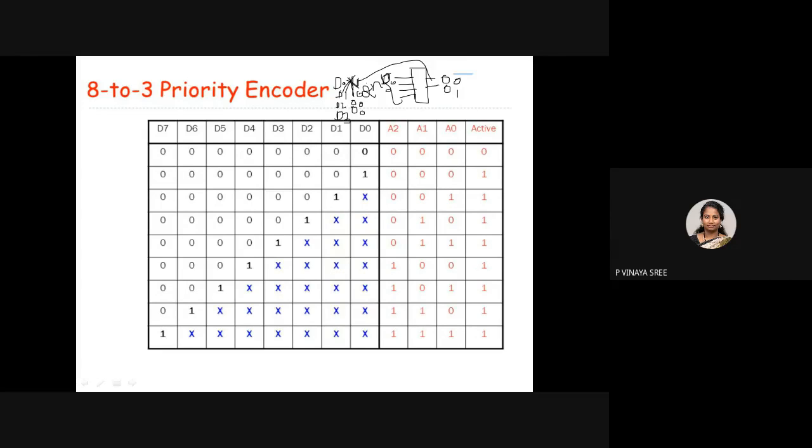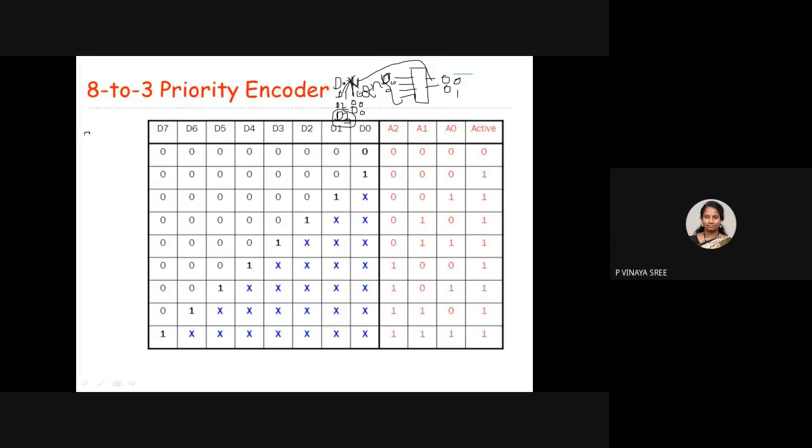When we go for priority encoder, we know that when you are using an encoder, among 2 power n number of inputs, only one input will be active at a time. But in some situations more than one input is high, then we need to go for priority encoder. In priority encoder, D3 will have the highest precedence if it is 4 by 2.